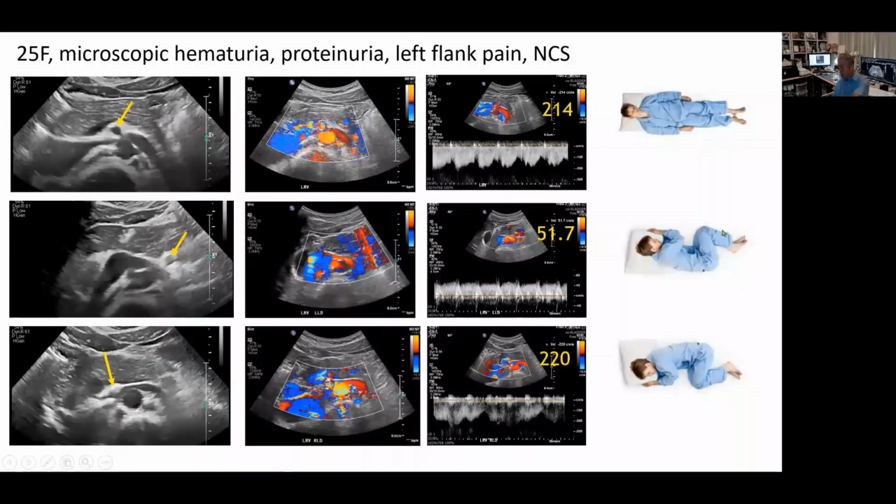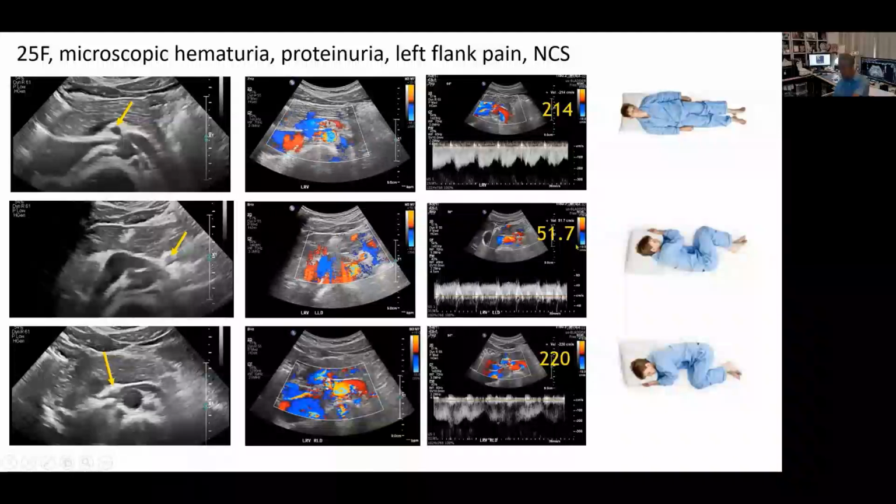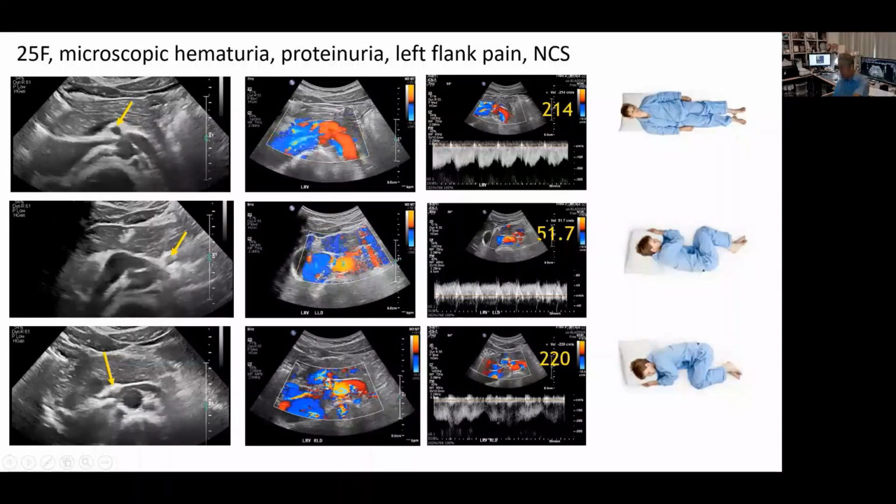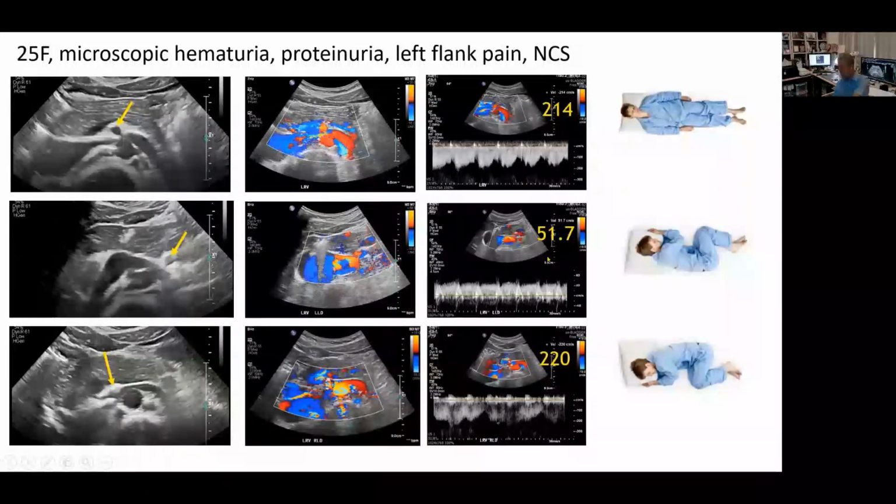When the patient takes left lateral decubitus posture, the superior mesenteric artery moves to the left side, and left renal vein compression is much relieved, and peak flow velocity was 51.7 centimeters per second, a normal value.